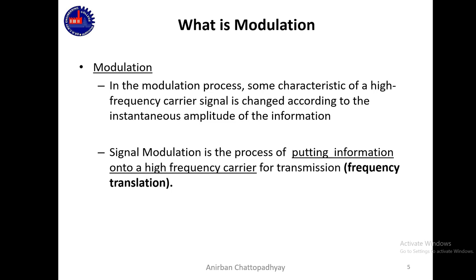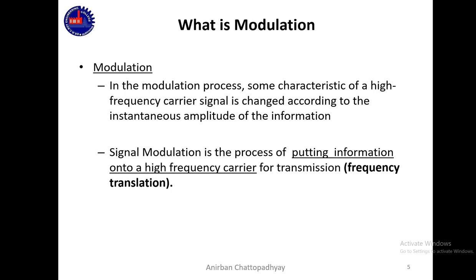If this characteristic is amplitude, then it is amplitude modulation. If the characteristic is frequency, then it is frequency modulation. If the characteristic is phase, then it is known as phase modulation. I will discuss every modulation later in my next class.